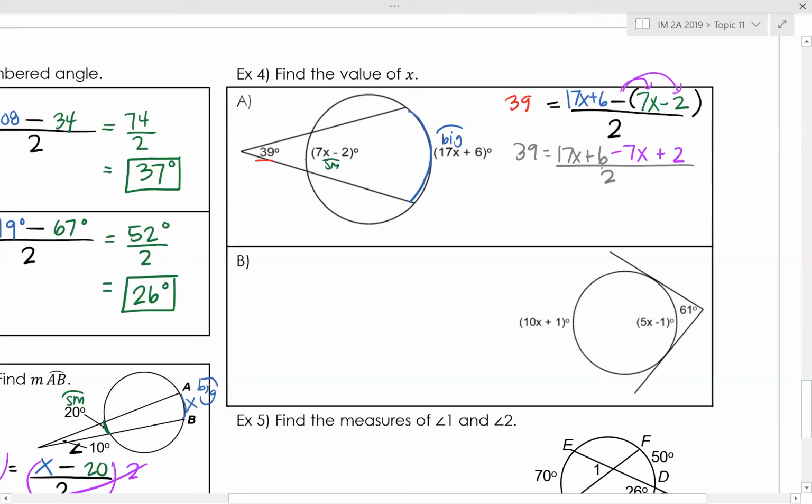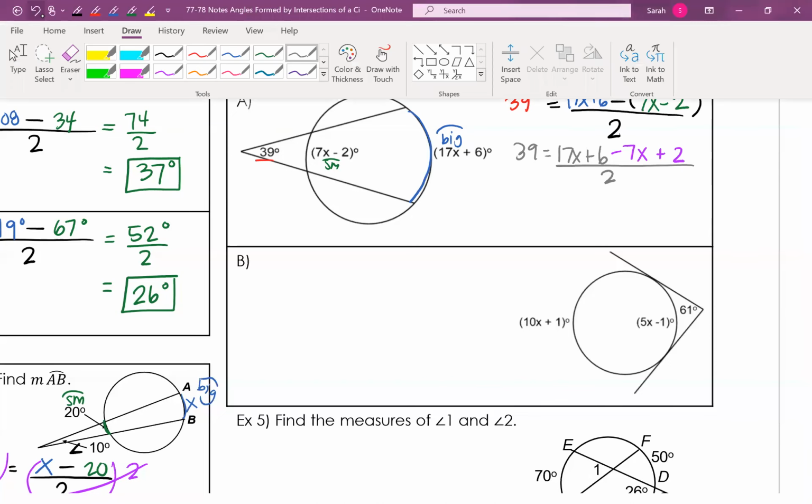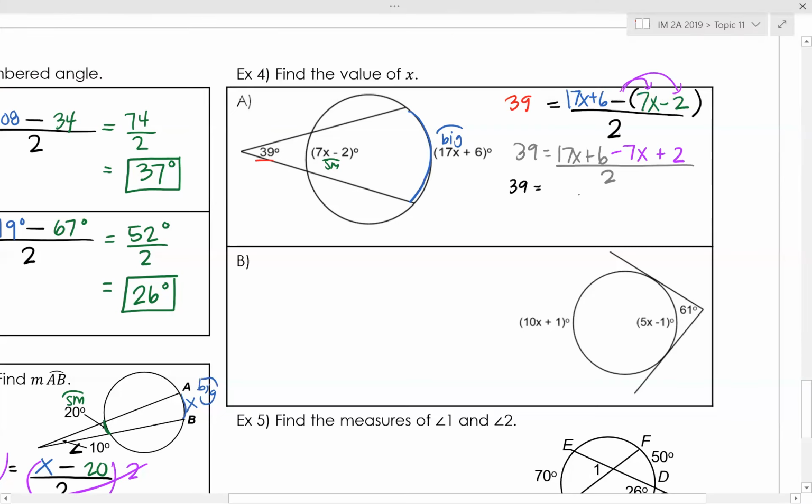So then if I look at this, I need to combine like terms. So if I bring down the 39, and it's still going to be over 2, I have 17 minus 7, so that's 10x. And then I have 6 plus 2, so that's plus 8.